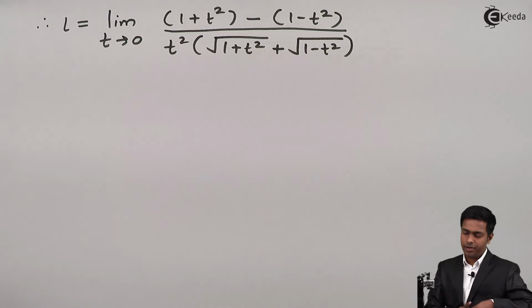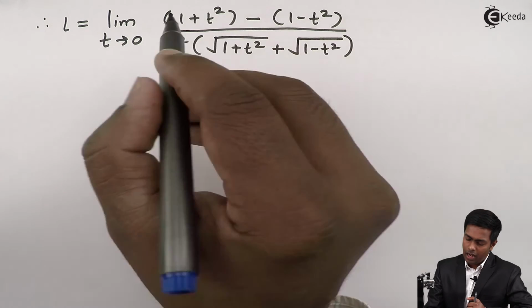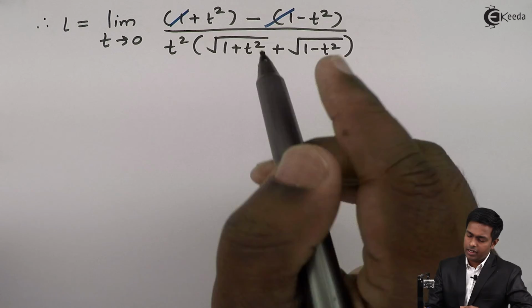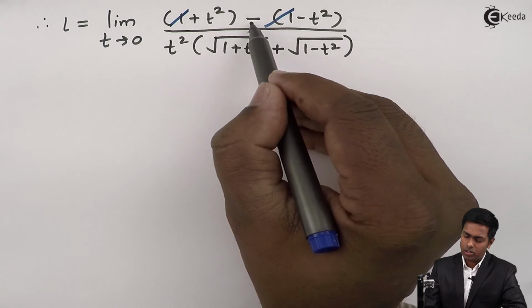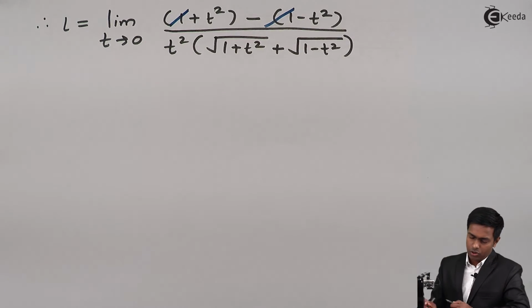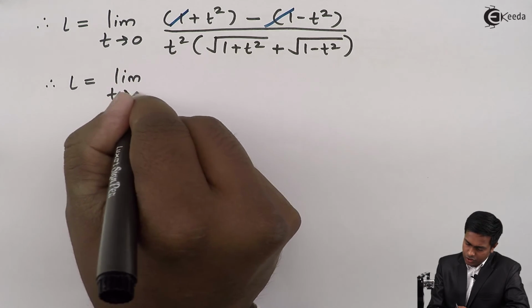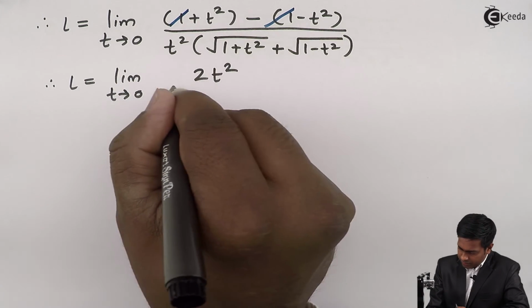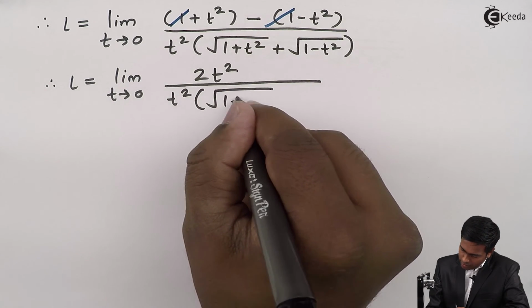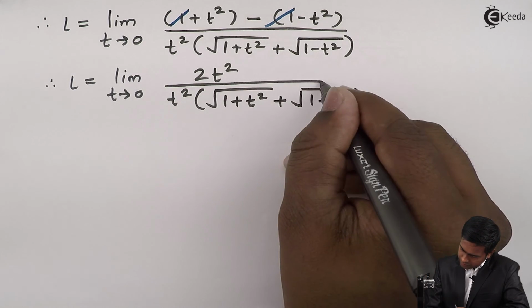Next, due to the negative sign, 1 will become negative and we can cancel this plus 1 and minus 1. Similarly, this t square will become positive t square, and we get t square plus t square as 2t square. Therefore L will become limit t tends to 0, 2t square upon t square into square root of 1 plus t square plus square root of 1 minus t square.